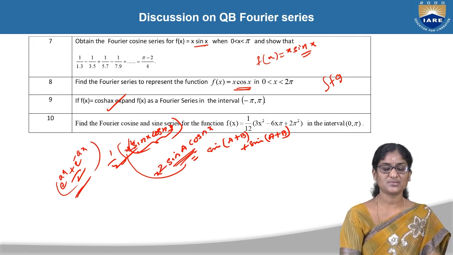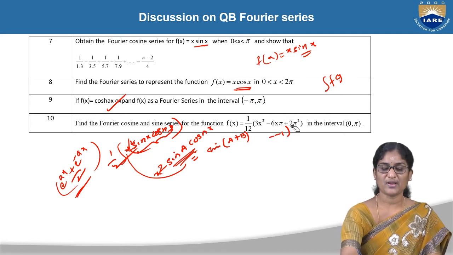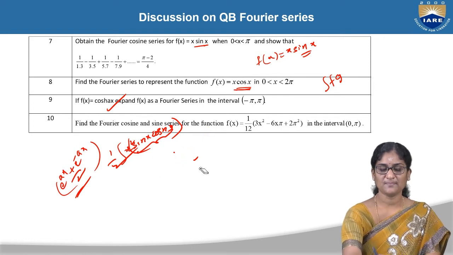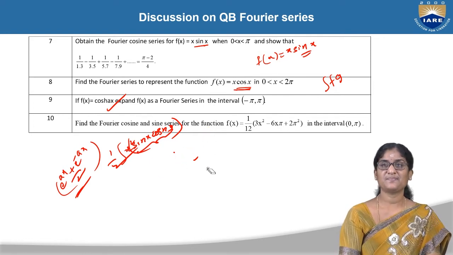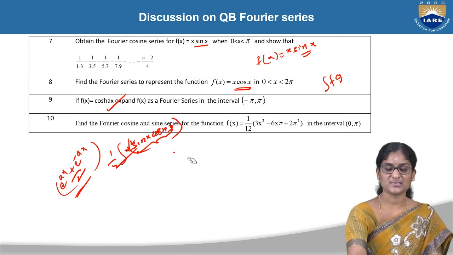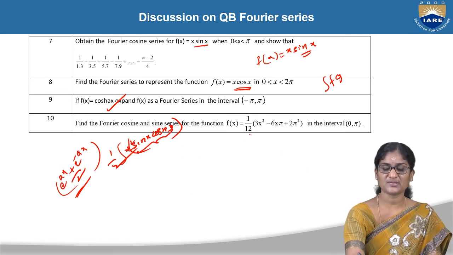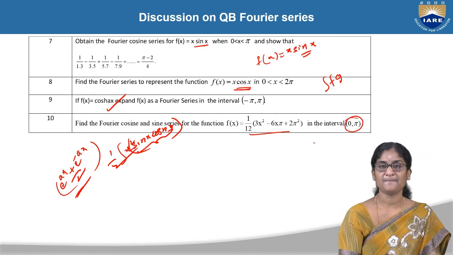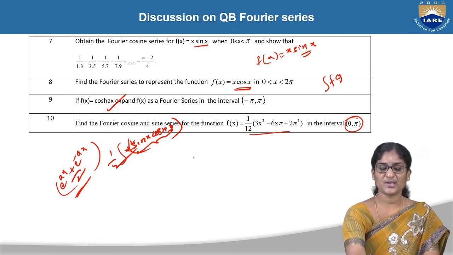Now going to the 10th question. Find the Fourier sine and cosine series of the function 1 by 12 into 3x square minus 6x pi plus 2 pi square, which he has given. So here an algebraic function is given in the interval 0 to pi. So what is the Fourier expansion?